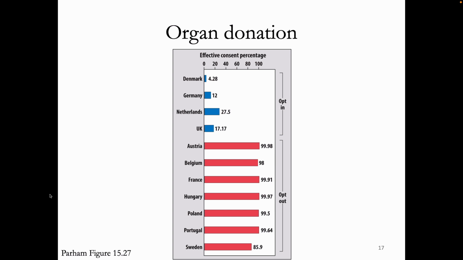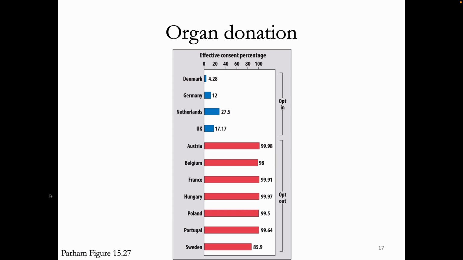So this is the percent of people who consent to being organ donors in different countries. You can see that some countries are super high, some countries are super low. In the countries that are shown in blue, they have something called an opt-in system.